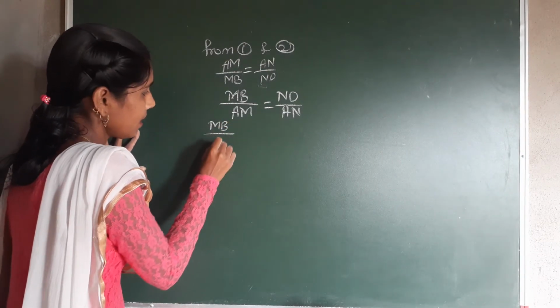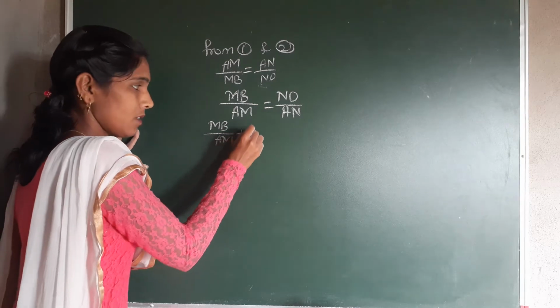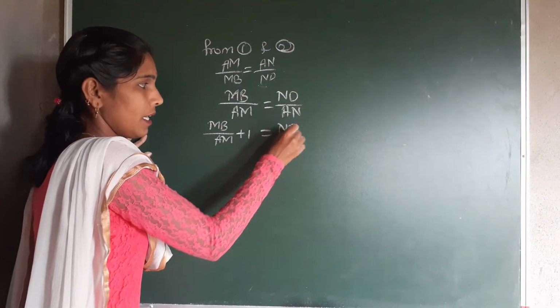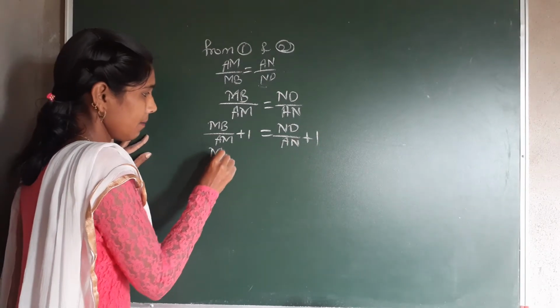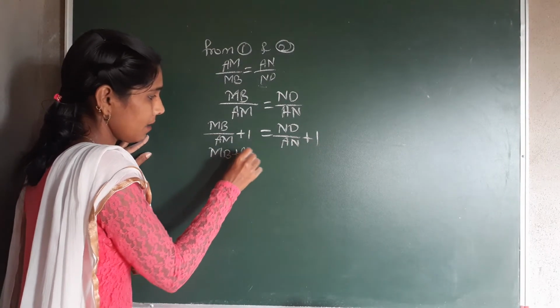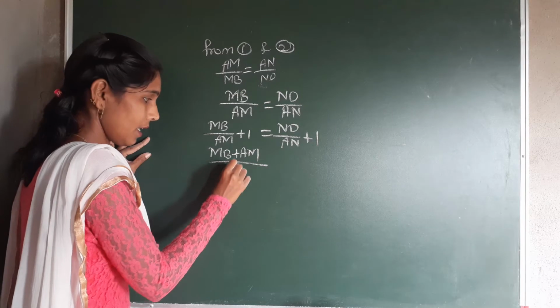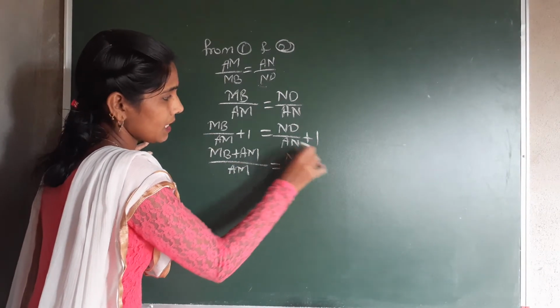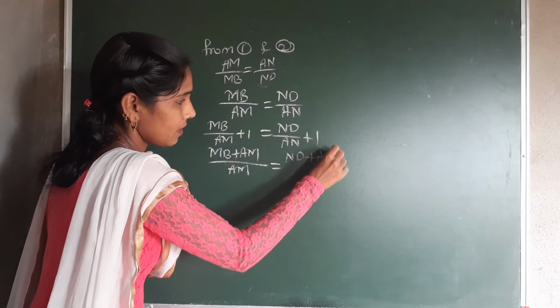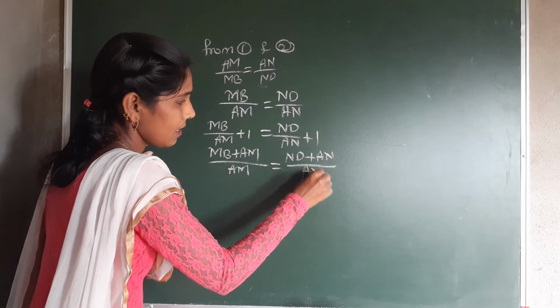MB divided by AM plus 1 is equal to ND divided by AN plus 1. MB plus AM divided by AM is equal to ND plus AN divided by AN.